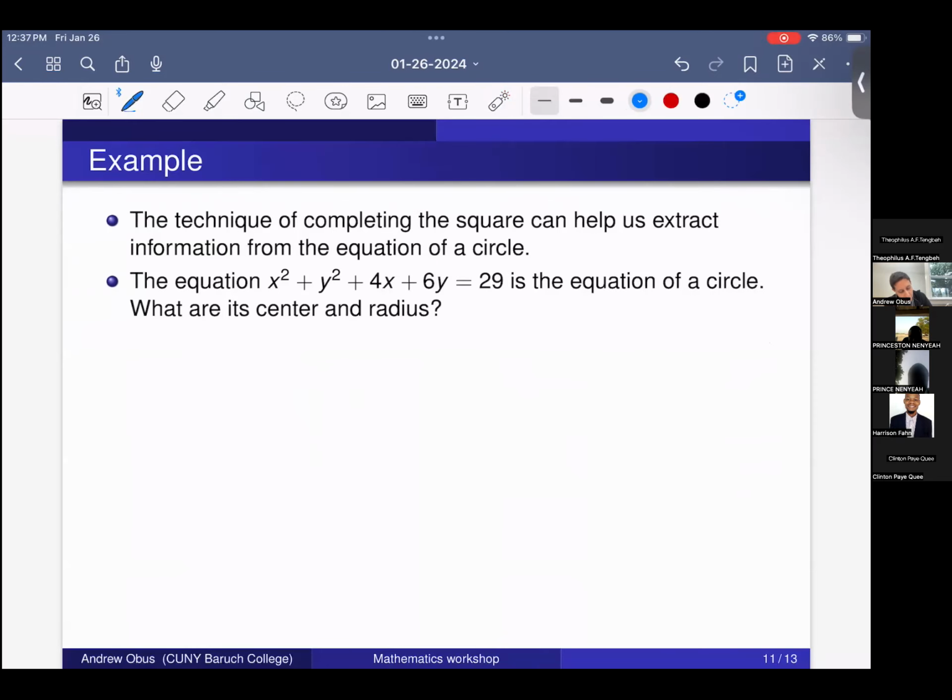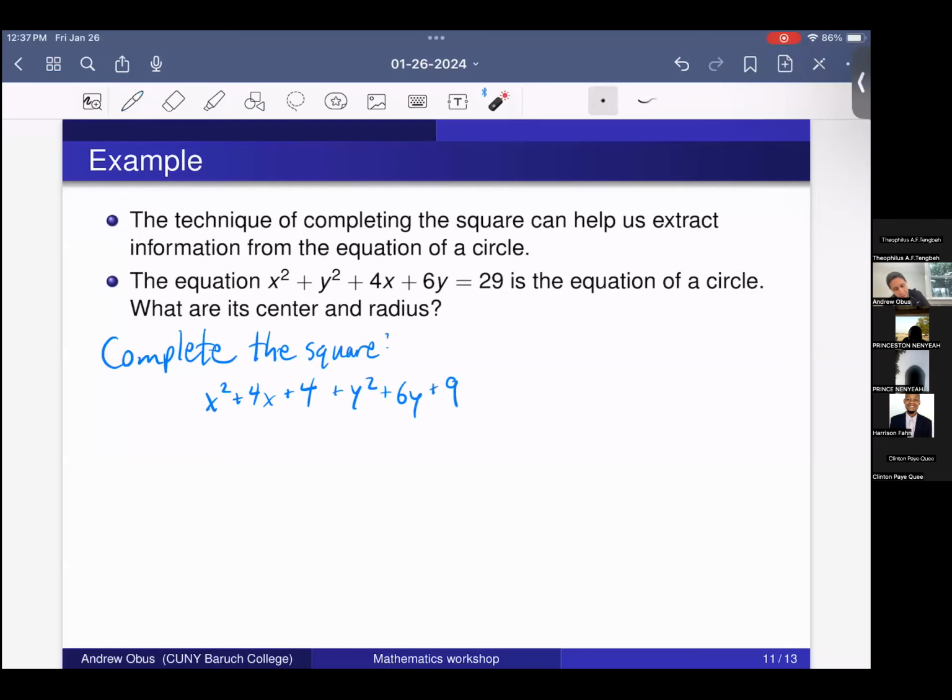Well, one thing that I can do is try to complete the square on the left-hand side. This is x squared plus 4x. Well, what I can do is add 4 to it, which is going to make it x plus 2 squared. And then y squared plus 6y, I can add 9 to it, which is going to make that y plus 3 squared.